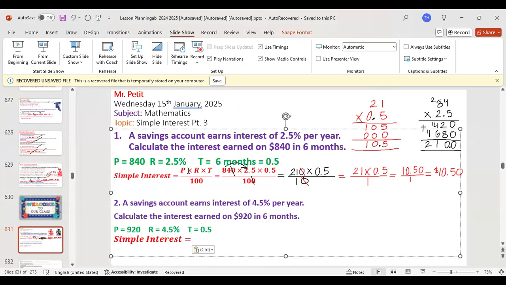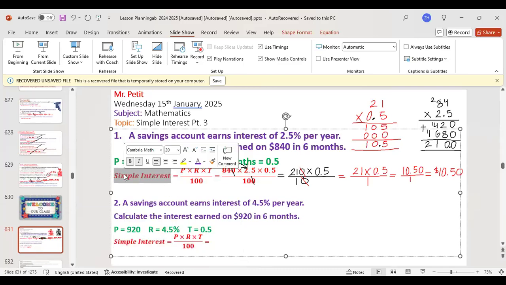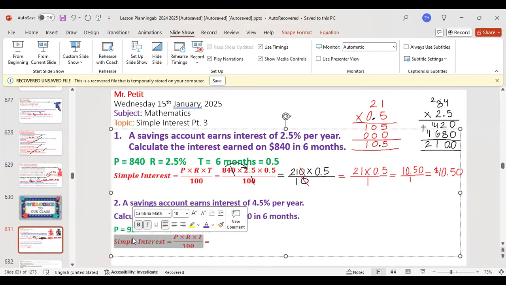If you got the answer, what y'all got so far? For those who did get it. 20.7.